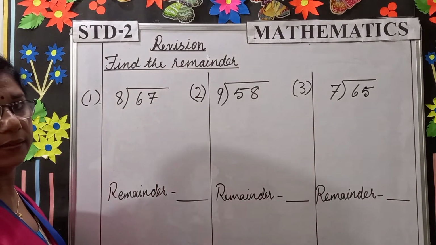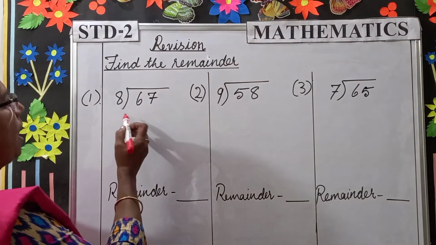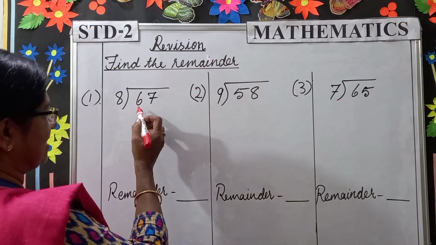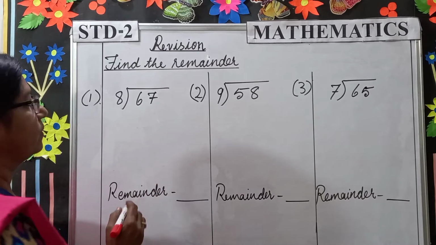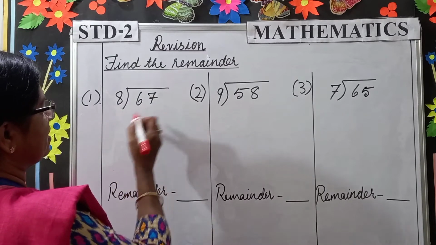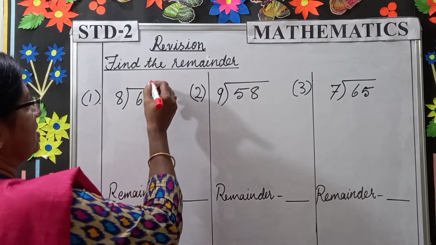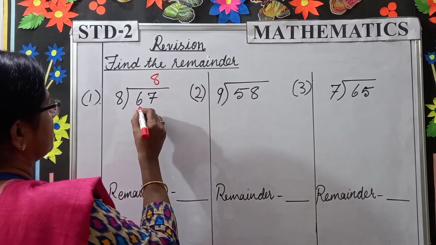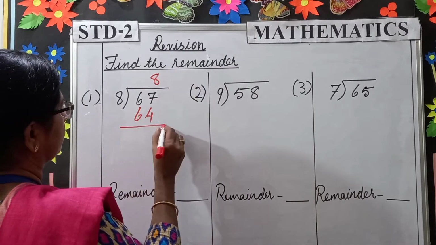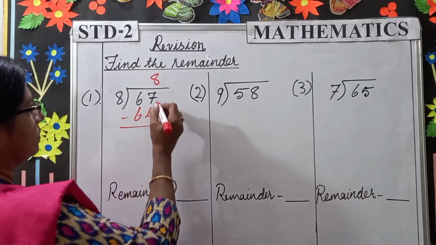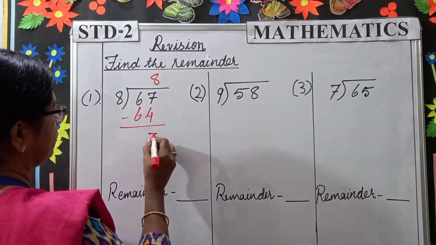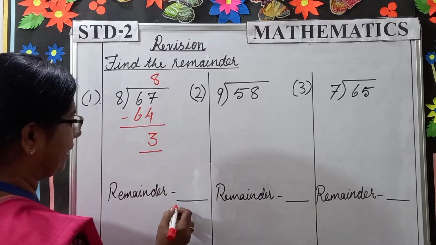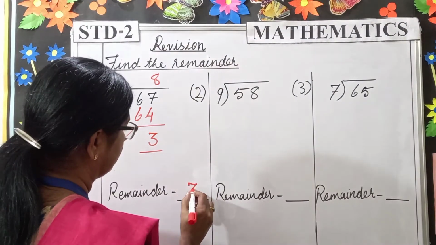Find the remainder. Number 1, you have to divide 67 by 8. How many 8s goes in 67, children? 8 8s are 64. Now you have to subtract. 7 minus 4, 3. So your remainder is 3.